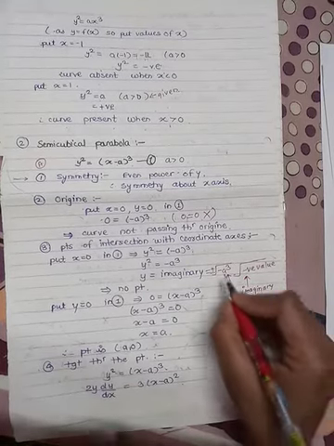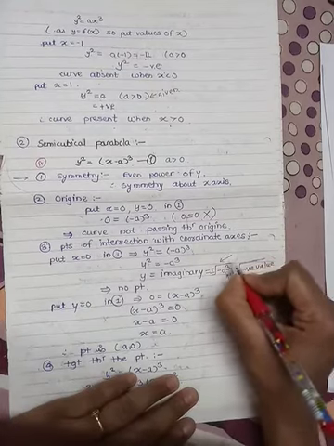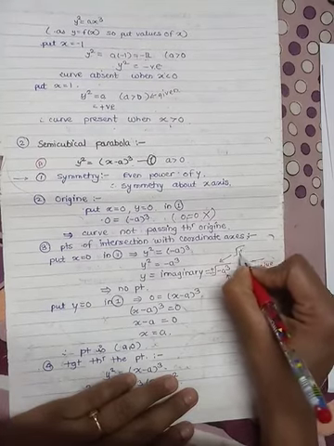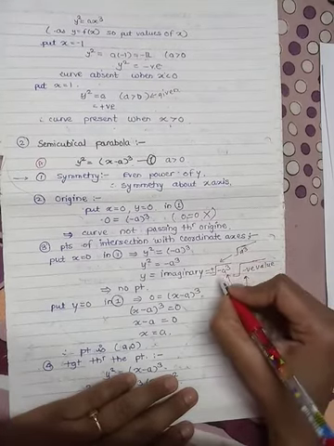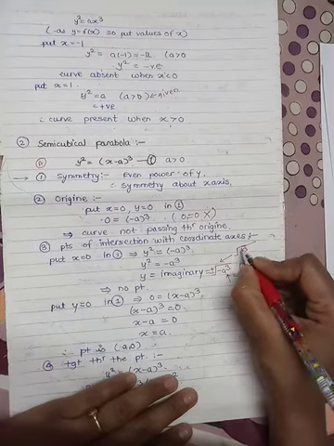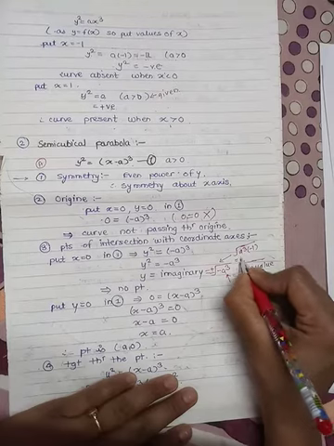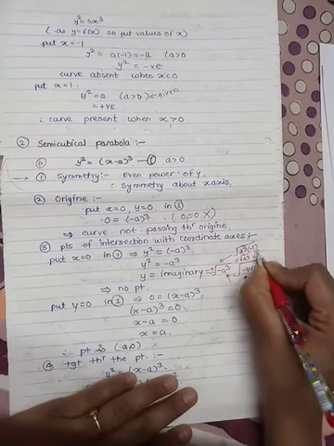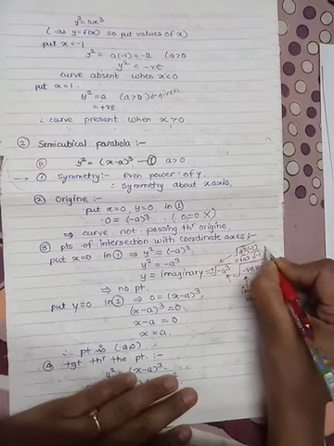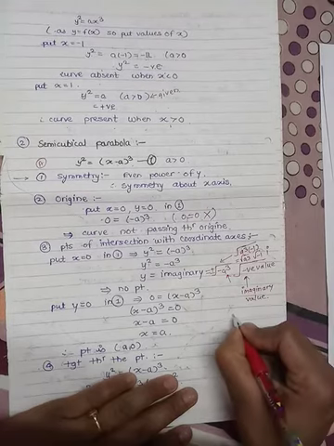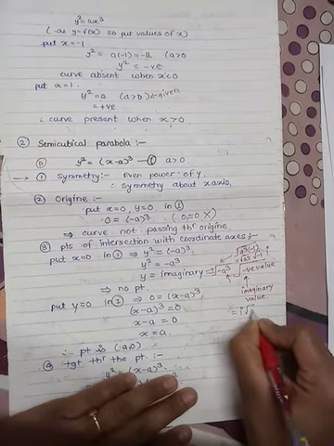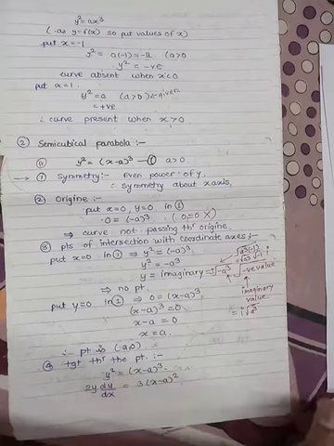You can write the square root of minus a cube as the square root of a cube into minus 1. Take this square root separately: square root of a cube into square root of minus 1, and square root of minus 1 is the i value.